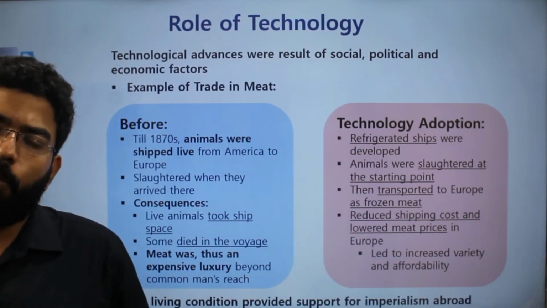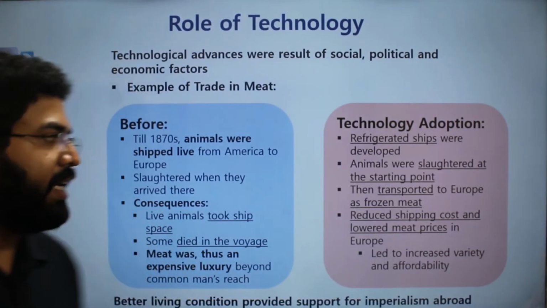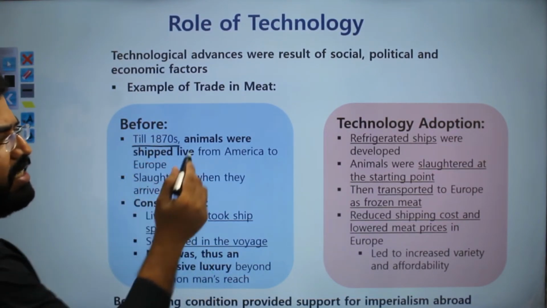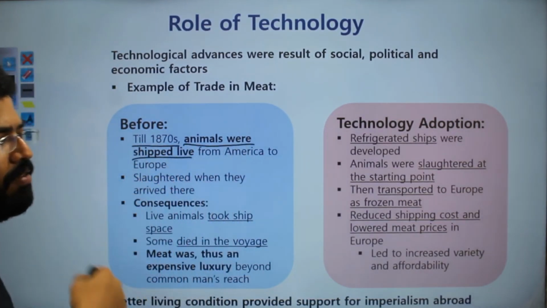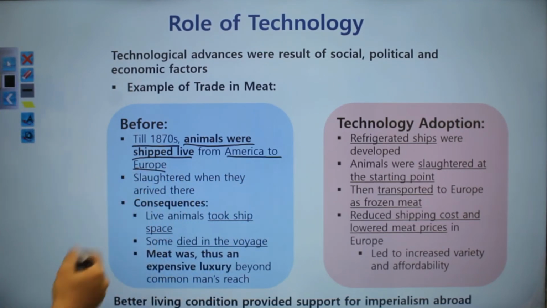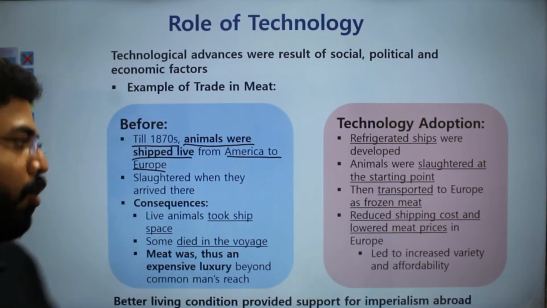Then it was also supported by the various new technologies that were coming up at that time. Before the 1870s, animals were shipped alive from America to Europe because the dead animals would rot away. Hence, animals were slaughtered only in Europe.